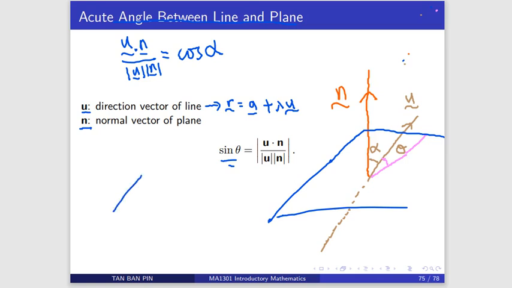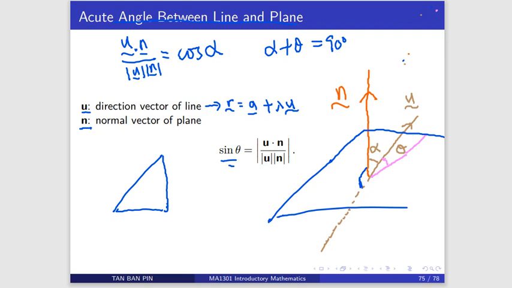And if you look at the diagram carefully, you'll find that alpha plus theta is actually 90 degrees. Because n is a norm vector to the plane, so this angle will be 90. So alpha plus theta is also 90 because the pink line is on the plane.